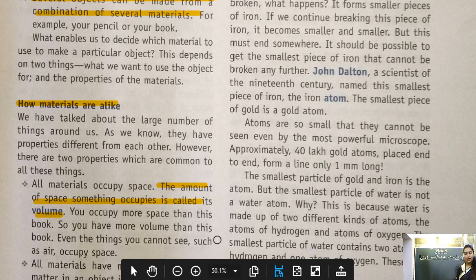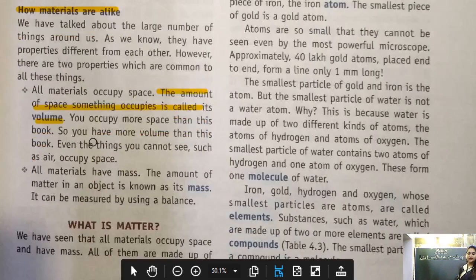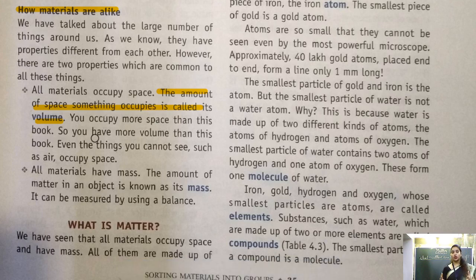So this also we have studied. Then we have seen that yes, all the materials do occupy space. We occupy space. You are occupying space. Chair, table, microorganisms, small ants, even plastic bottles, everything around us is occupying space, isn't it?